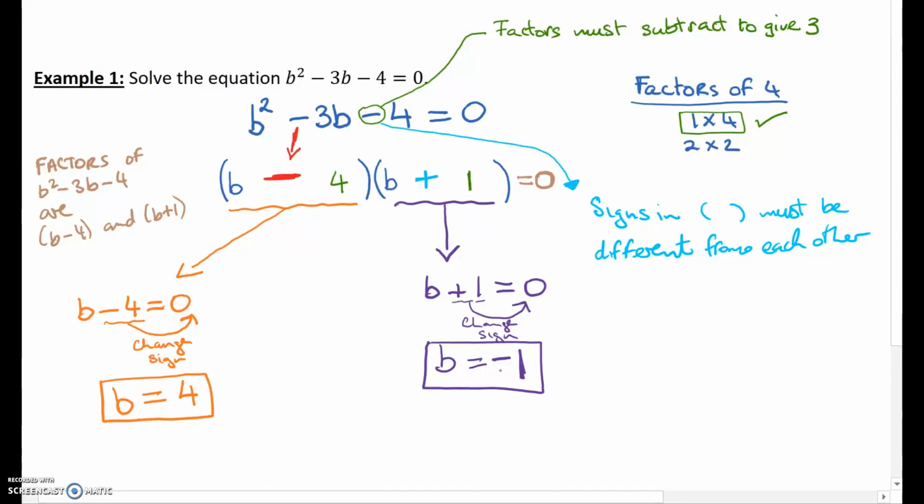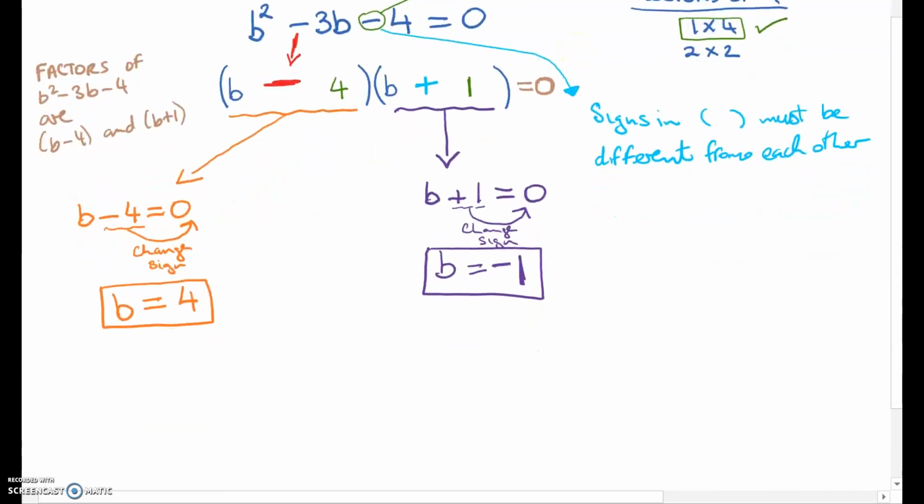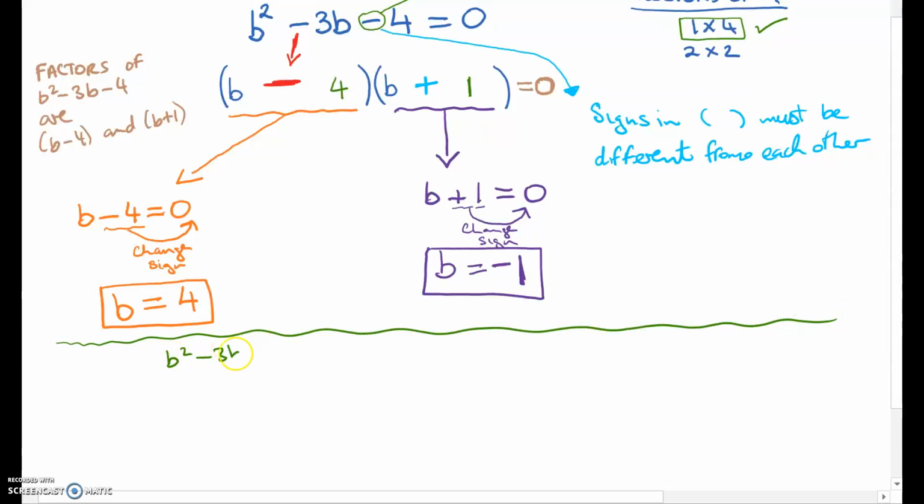And what that means is if you were to go back and put either of those answers into the original expression. This is just a checking form. It's not something that I necessarily want you to do. Remember what the original was? It was b squared minus 3b minus 4 equals 0.